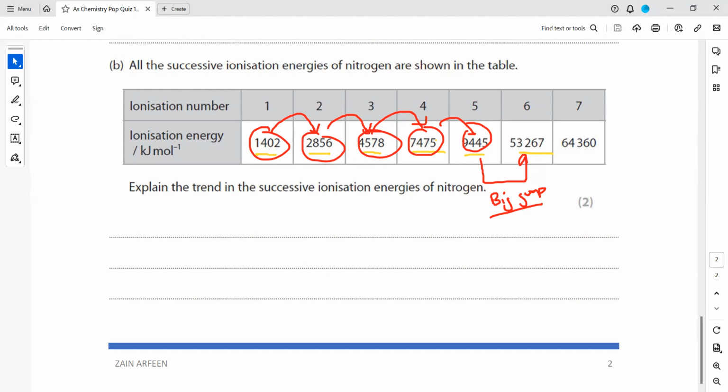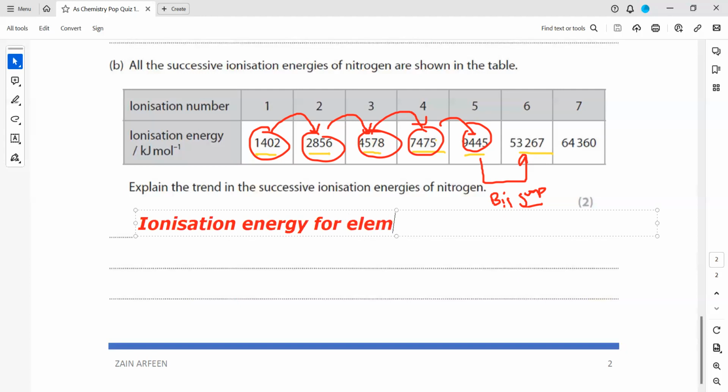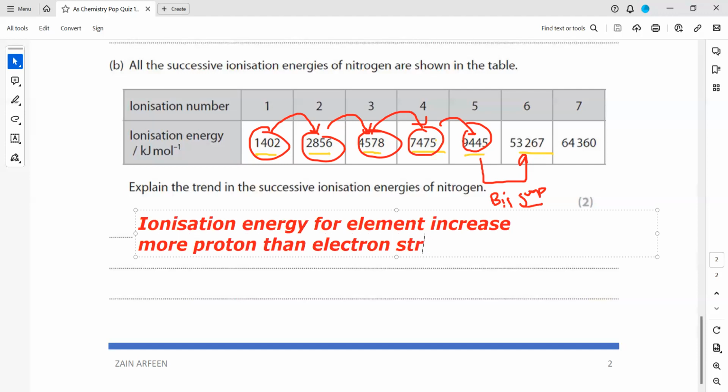That's why generally the successive ionization energy for the element increases. Because when we remove an electron, there will be more protons than electrons, so there will be a stronger attraction.